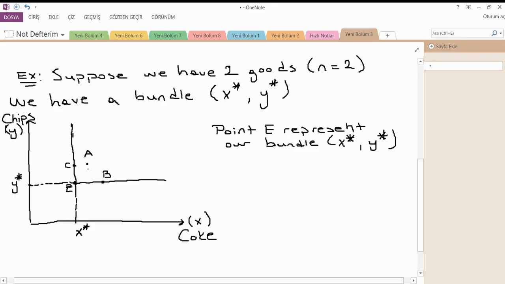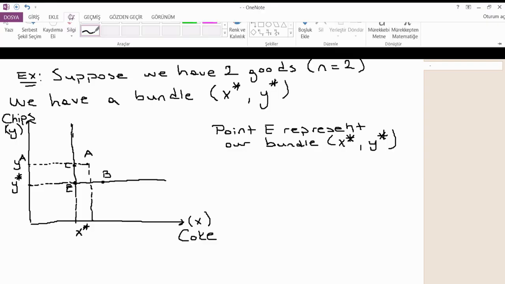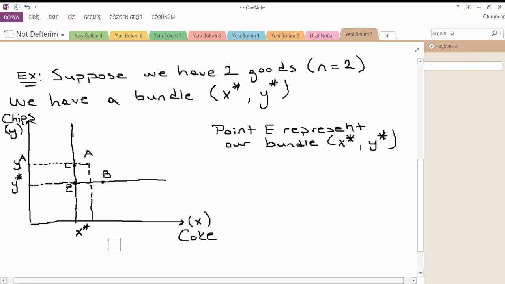If we look at point A, let's look where it goes when we join this point A with the y-axis. Let's call this point YA, and let's look at what it corresponds to on the x-axis. By the way, let's delete this and write it smaller.